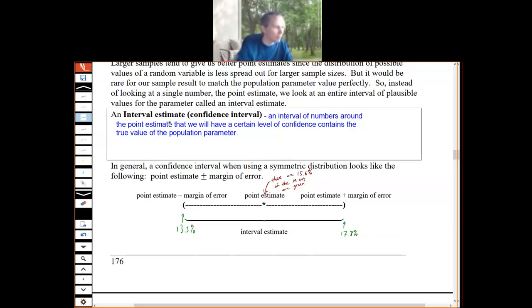So if I'm looking at M&Ms, I would say in this case that 15.6% of all M&Ms are green, even though I didn't look at all M&Ms. To get from my point out to the edge of my interval estimate, I have to go a certain distance. If I take that 17.8 and subtract 15.6, I get 2.2%. So I would say that I have a 2.2% margin of error.